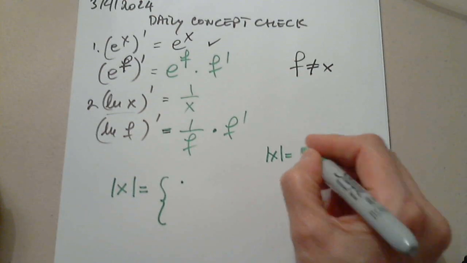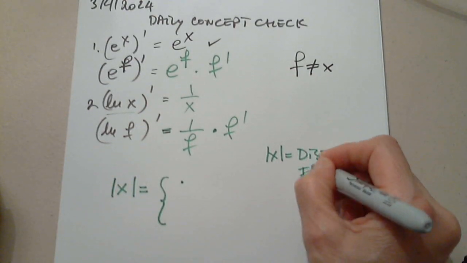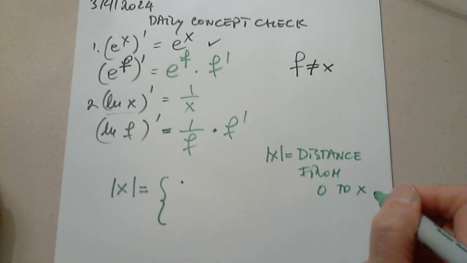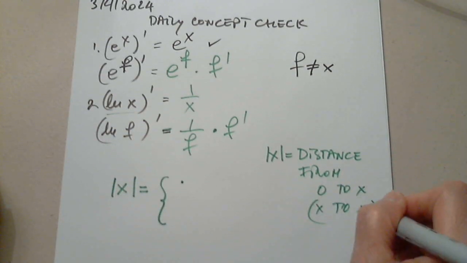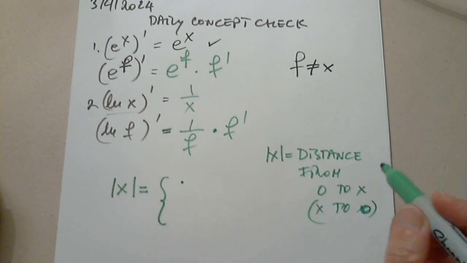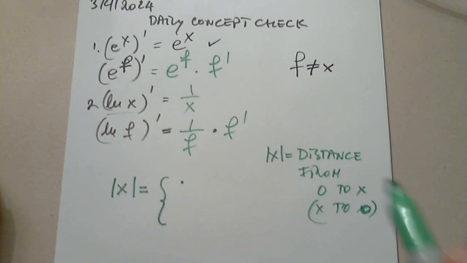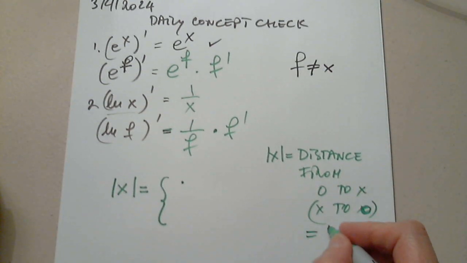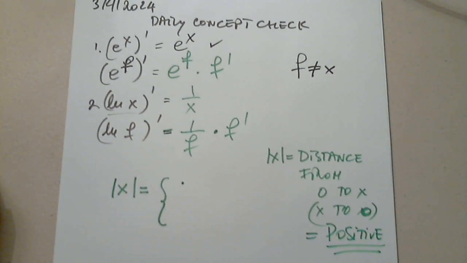So the absolute value of x is the distance from 0 to x, or from x to 0, whatever you want to say, it doesn't matter. Which means it has to be positive, because the distance cannot be negative.